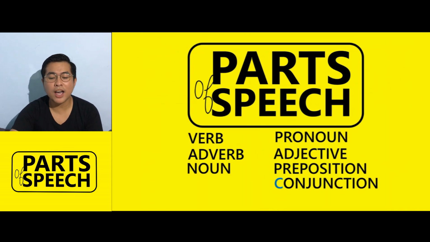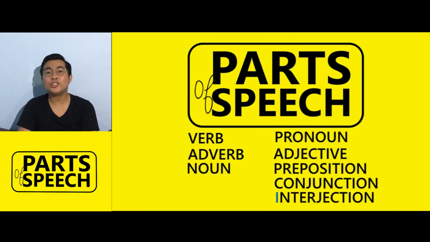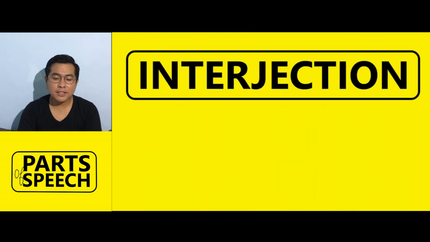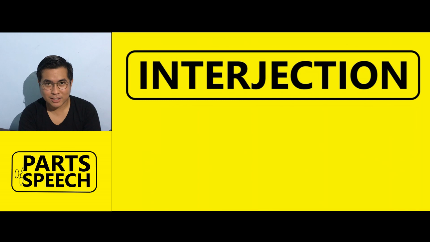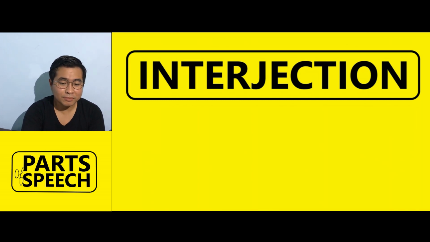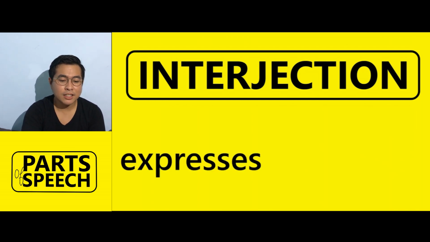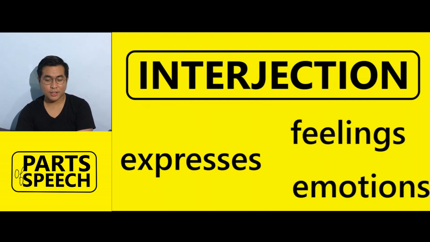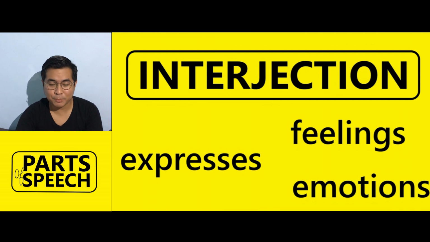Now, the last one is your interjection. Now, the interjection is so basic and it's very easy. It's a word that expresses feelings or emotions. So, usually, the interjection has the punctuation mark, the exclamation point.